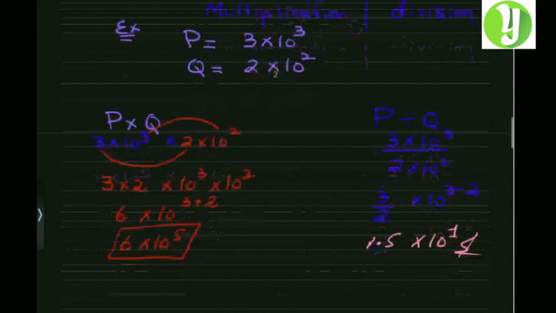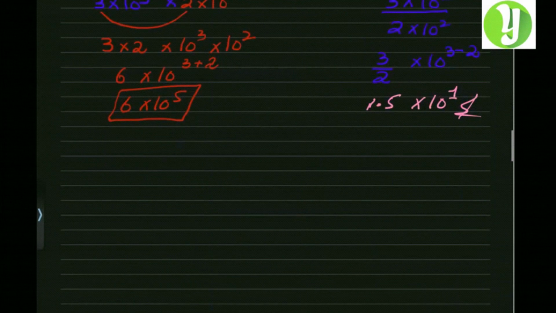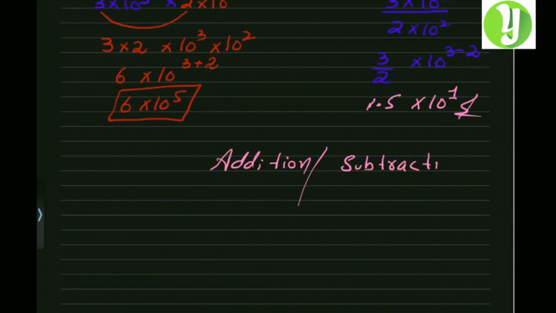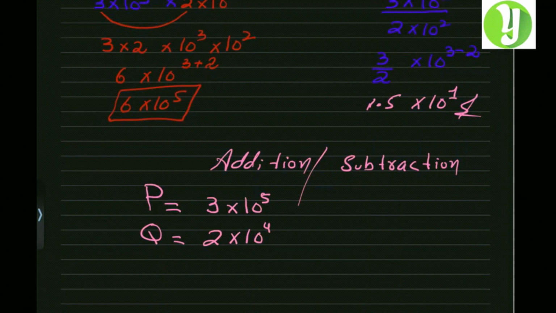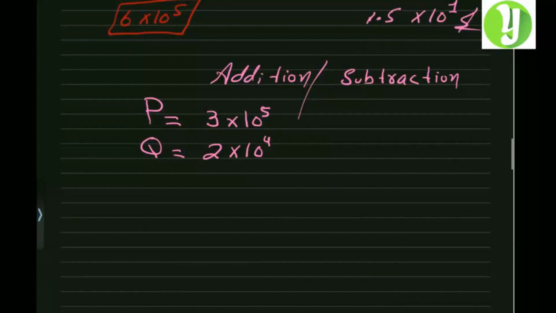Now the next one, and an important one, is addition and subtraction. Assume p is equal to 3 times 10 power of 5, q is equal to 2 times 10 power of 4, and we have to perform addition over there.